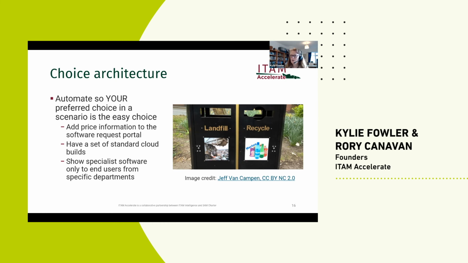In order to nudge people both to use the bin correctly and to put their rubbish in the correct side, they put a photo of a rubbish truck dumping waste in a landfill on the landfill side, and on the other side some pictures of nice clean bottles and cartons that can go in the recycling side, so that you know the sorts of things that can be put in that bin.